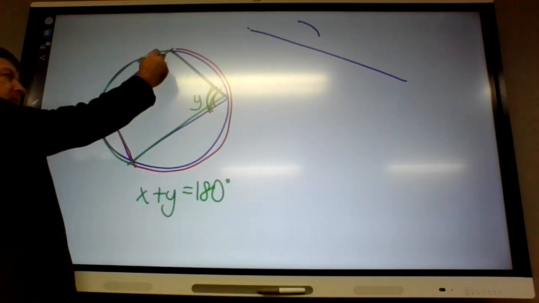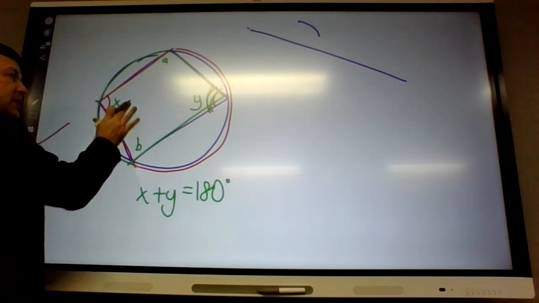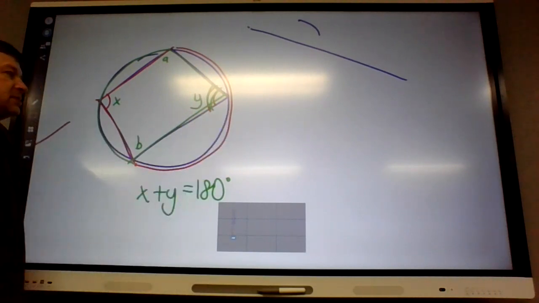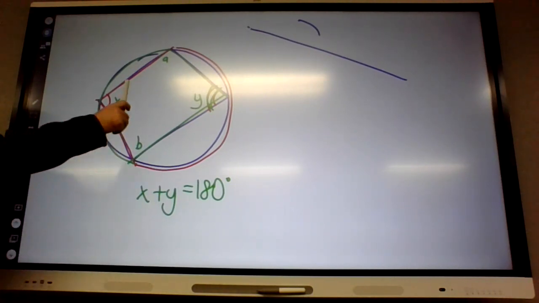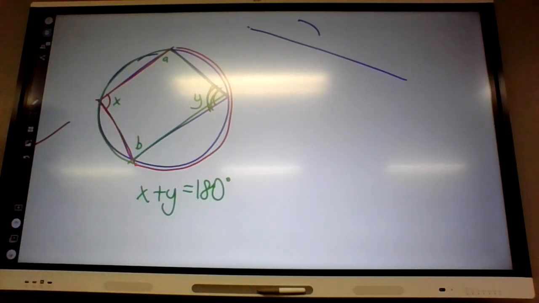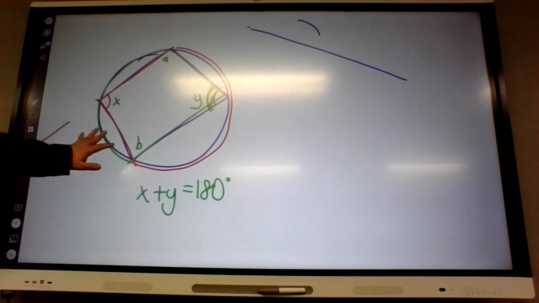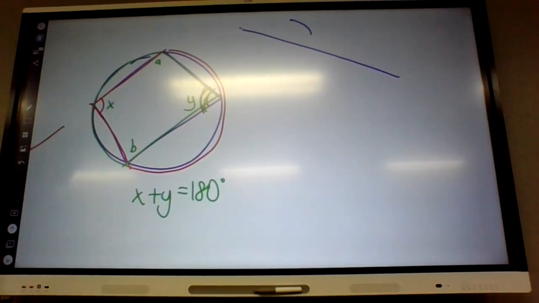Or you could say the same thing about these two angles, angle A and angle B. Together they intercept the entire circle, so they're equal to half the arcs. They should add up to 180. So if you have an inscribed quadrilateral, the opposite angles are supplementary. The opposite angles add up to 180.